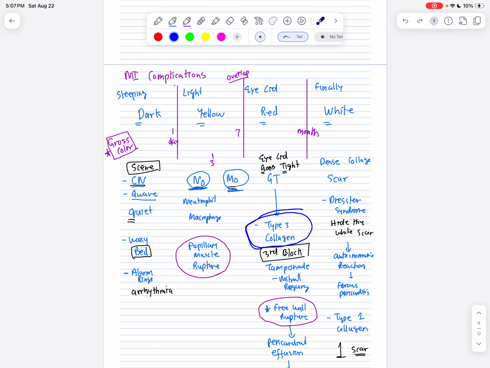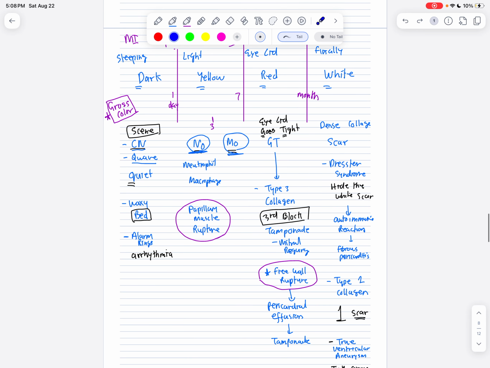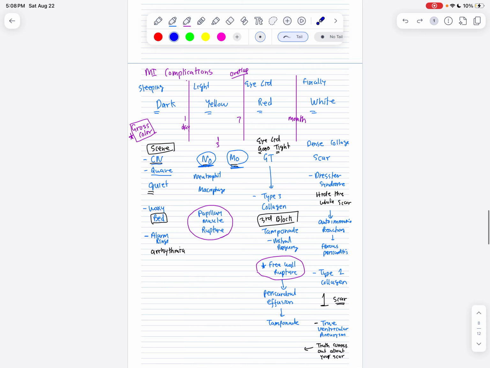However you want to memorize this. So GT, granulomatous tissue, type 3 collagen. And here's what happens: the free wall is going to rupture. It's going to cause pericardial effusion, and that's going to cause tamponade. So as long as you can remember this, that's going to help you a lot.